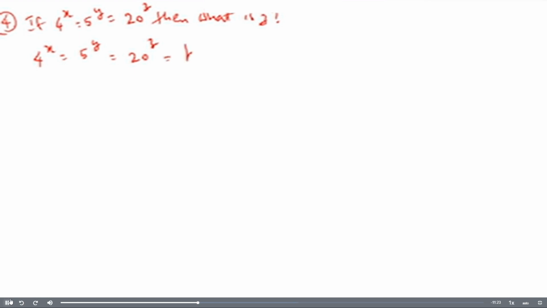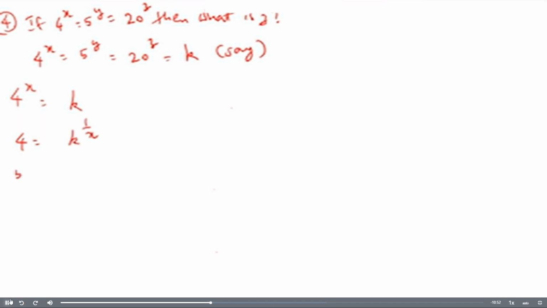Let this be equal to a value k. First let's take the first part, 4 to the power x, which is equal to a constant k. So 4 to the power x is equal to k. So 4 is equal to k to the power 1 by x.